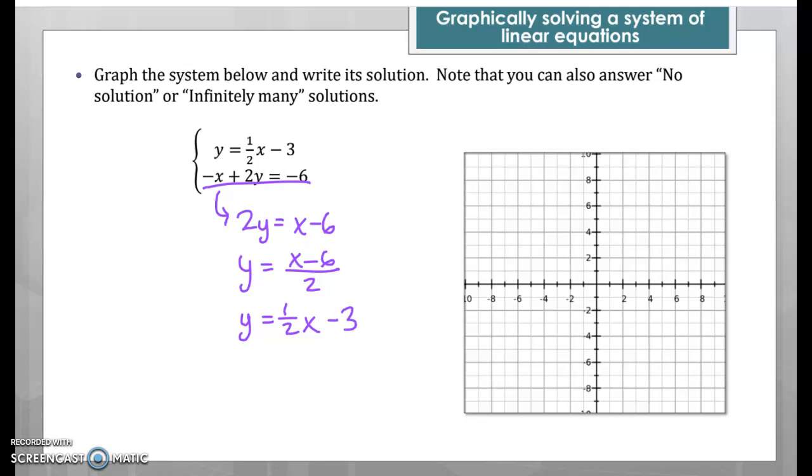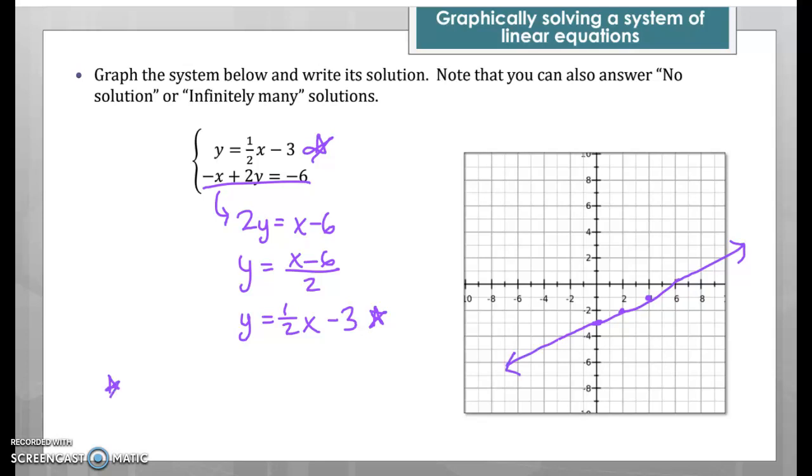So what do we notice between these two lines? They end up being the same line. So I have negative 3 as my y-intercept and up 1 over 2. But that's for both lines because they end up being the same line.